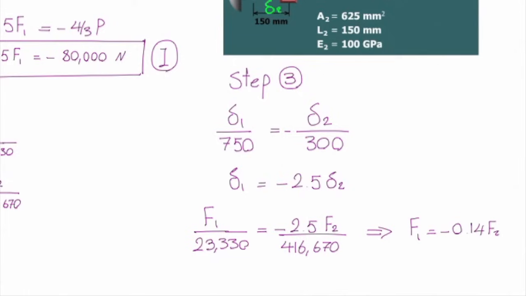So this is the second equation that I was looking for. All right. Now I can combine these two equations and determine how much is F1 and F2. So F2 will be 59.26 kilonewton, sorry, it's F2, with the negative sign, and F1 would be 8.3 kilonewton with the positive sign.